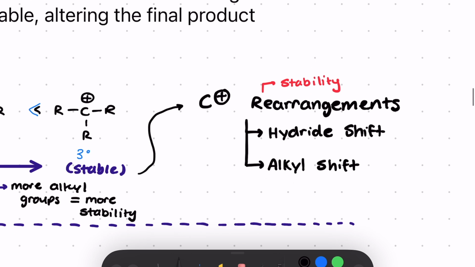And this is important because a rearrangement reaction almost always happens to make a molecule more stable. So if I have a molecule, I'm doing a reaction, and I have an intermediate that is not very stable, but it has the capacity to rearrange itself and become more stable, it will proceed with that rearrangement.